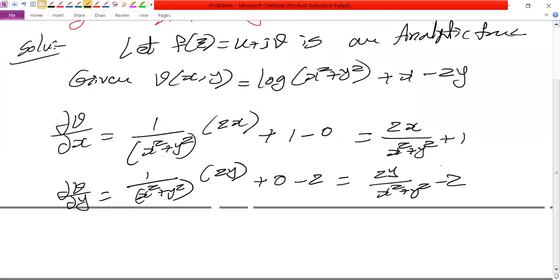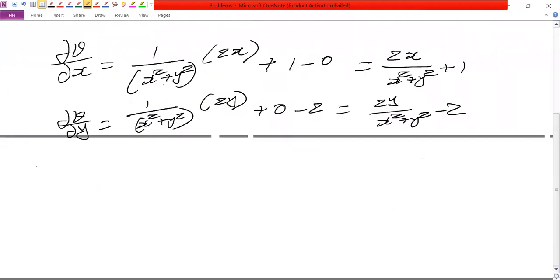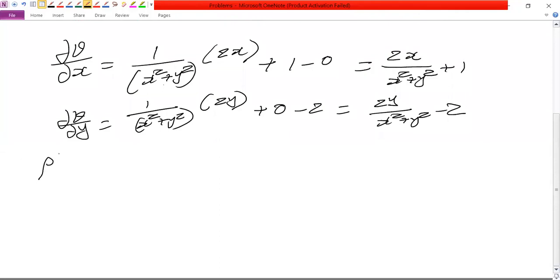Now after getting this one, what is the procedure? Students, I'll give you later how we are getting it. For that there is a lot of proof. So remember like this only.